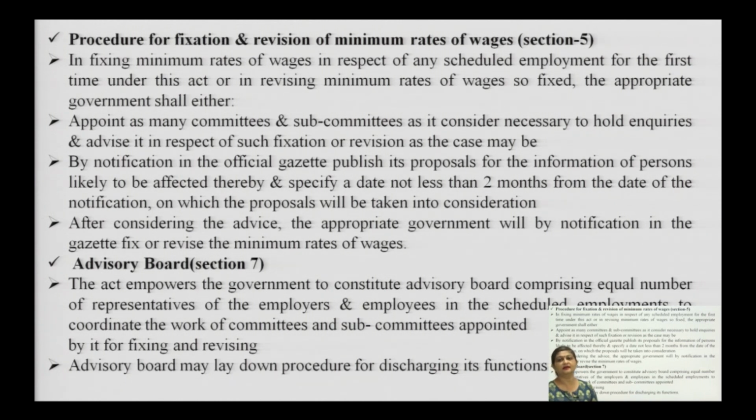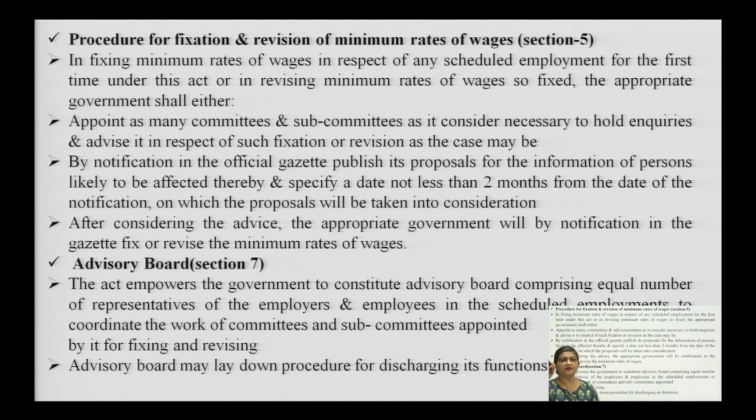Now comes the procedure for fixation and revision of minimum rates of wages. This is basically section 5, which talks about the process through which fixation or revision of minimum rates of wages is done. In fixing minimum rates of wages in respect of any scheduled employment for the first time under this act, or in revising minimum rates of wages so fixed, the appropriate government shall do the following. What does the appropriate government do?